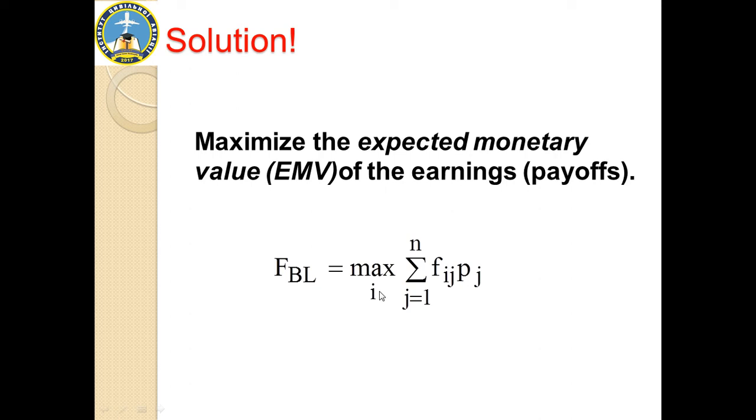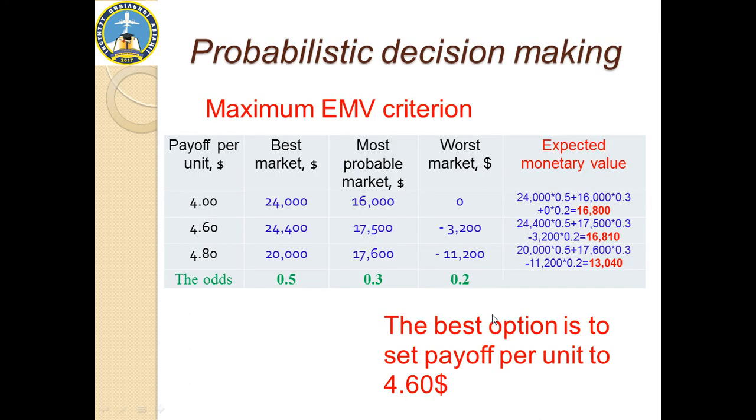Now let's apply this maximum expected monetary value criterion to our payoff matrix. The expected monetary value for every decision-making option is shown in this column.